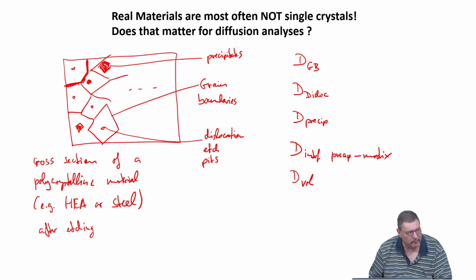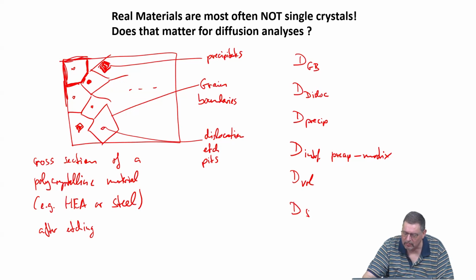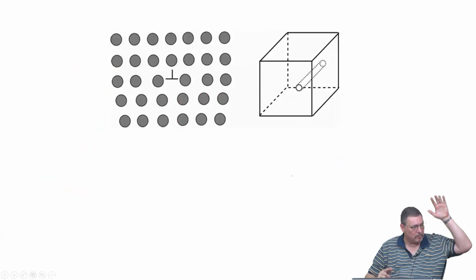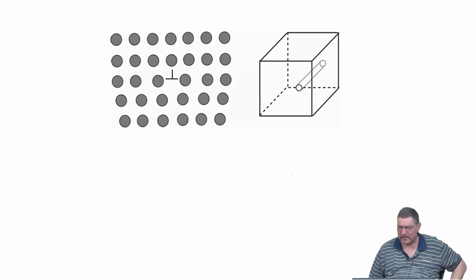We also, if we are not careful, have a diffusion coefficient for the external surface, because we apply it on a surface so it can go around, right? It can trick us and fool us.